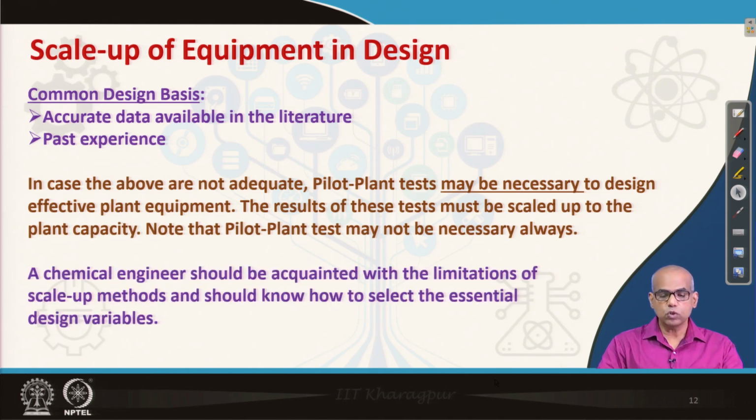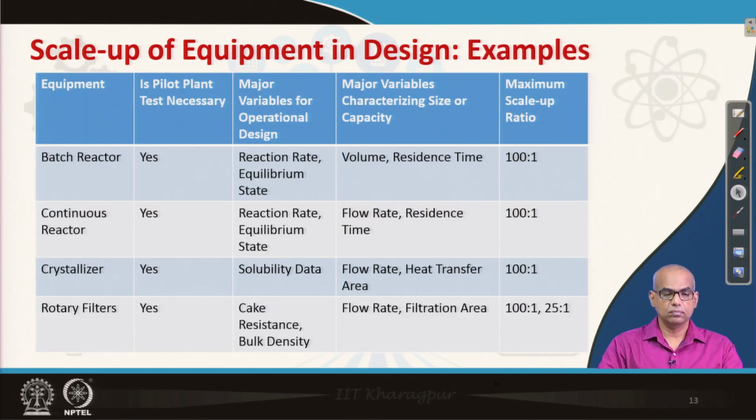A chemical engineer should be acquainted with the limitations of scale-up methods and should know how to select the essential design variables. So, this table shows some of the equipment for which it is always necessary to perform pilot tests for the purpose of design.